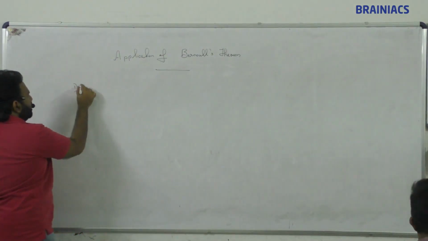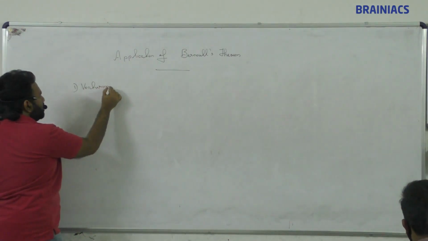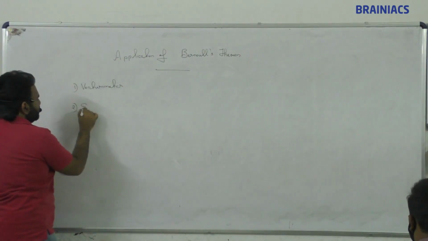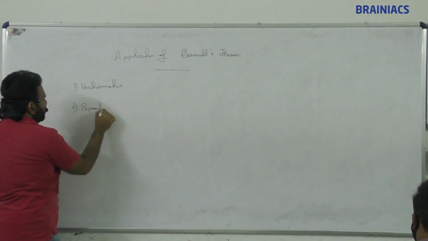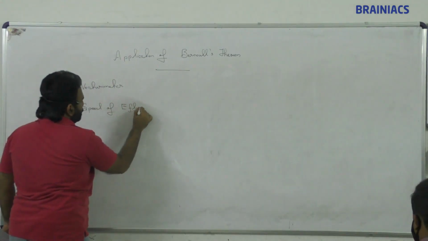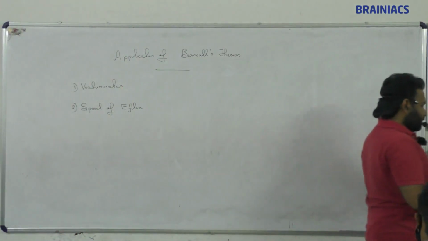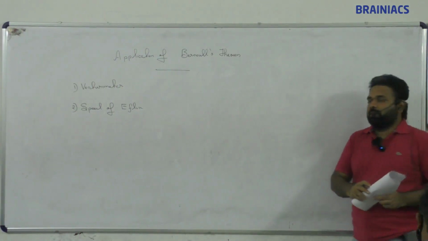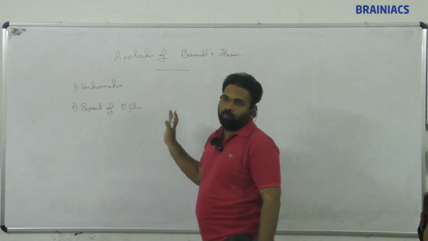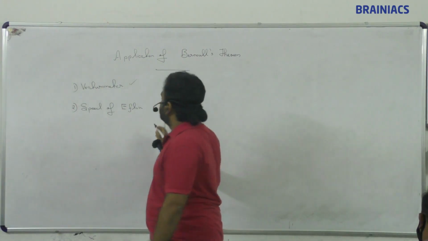Number 1, Venturi-meter. Number 2, speed of efflux, or speed of orifice. Application of Bernoulli's theorem. First thing is Venturi-meter.